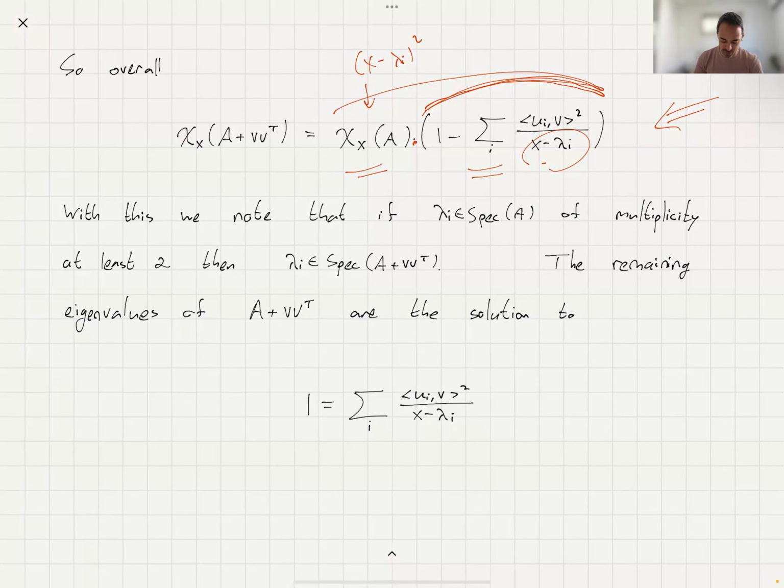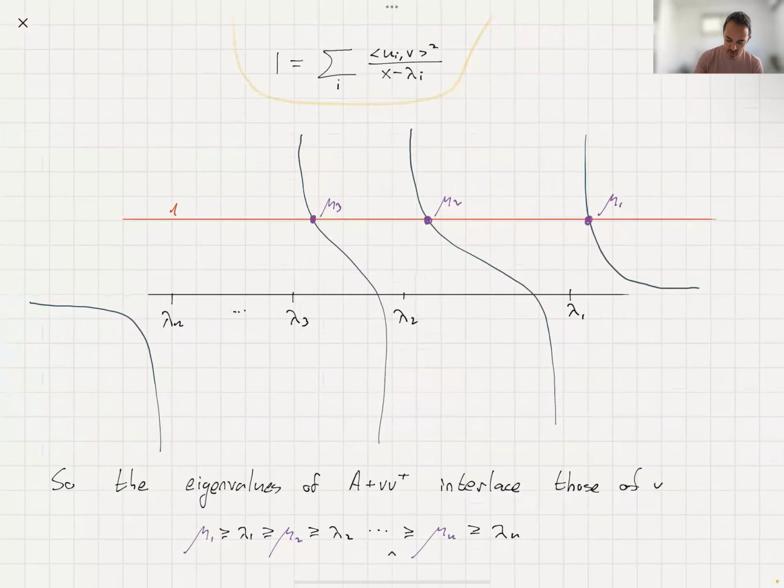So let's look at this equation. That's the equation that we care about, and I wrote it here. If you draw it a little bit, it looks like that, right? So I draw the lambda_i's, lambda_1 being the largest, and so forth. And using that these are non-negative numbers, because there's a square here, or none, or at least could be 0, you get this drawing that we are used to because it's related to the Cauchy transform, and you'll see exactly in what sense.